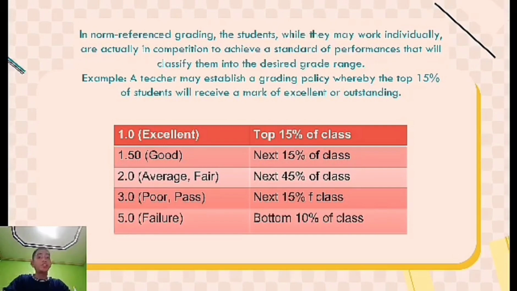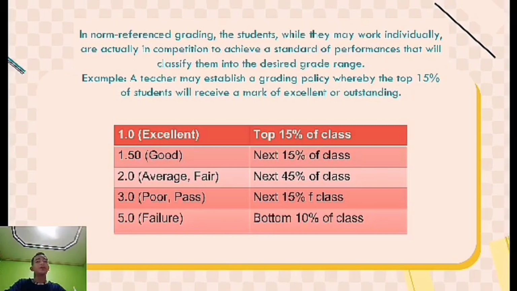Example, a teacher may establish a grading policy whereby the top 15% of students will receive a mark of excellent or outstanding. So here the teacher established a grading policy. The top 15% of the class will automatically get a grade of 1.0 or excellent.